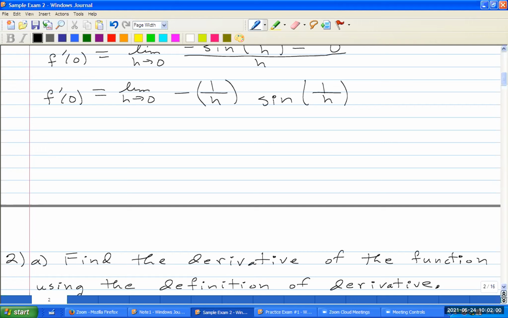So in particular, notice that sine of 1 over h is always between plus or minus 1.